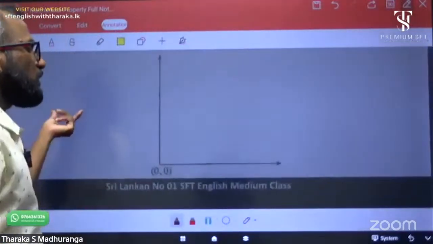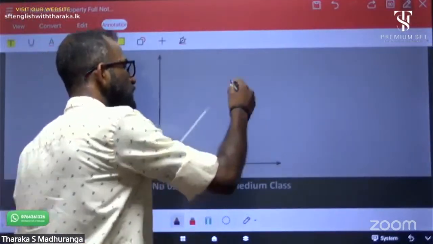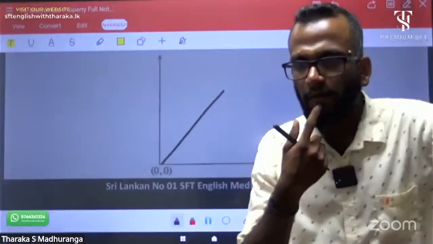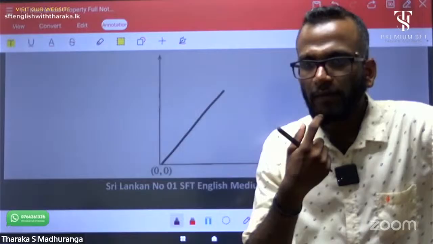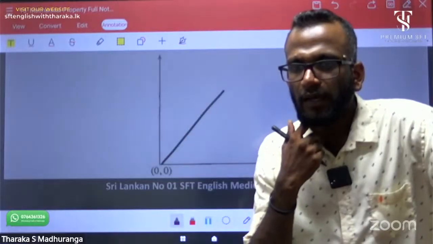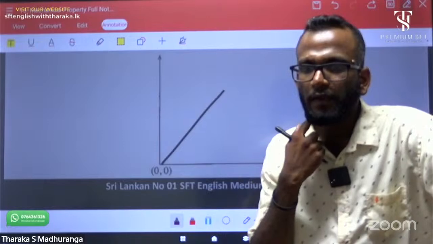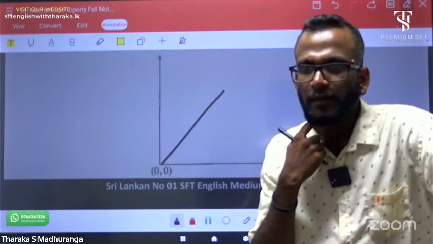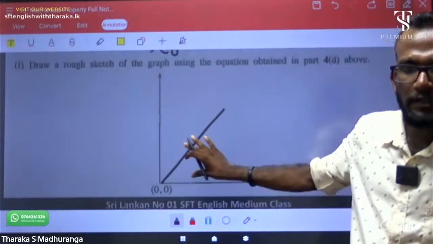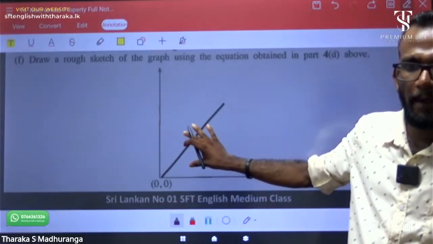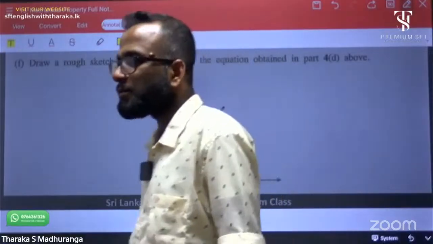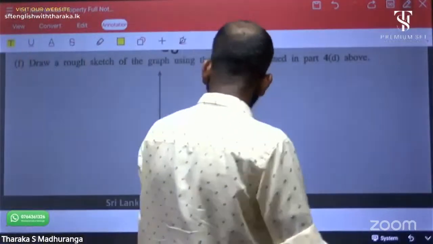Tell me, is it a straight line? Am I correct? I am asking about this graph.